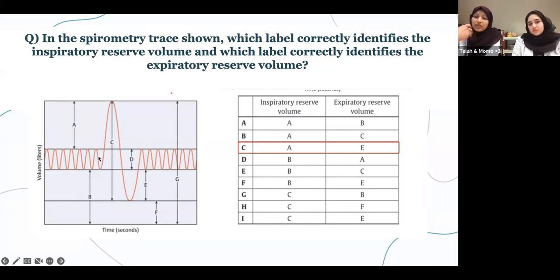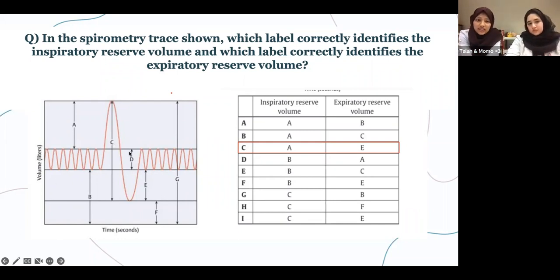If you force yourself to take in more air, it's going to go up to a maximum, which is to this point. And from this point to this point, the extra air that you take in is the inspiratory reserve volume.